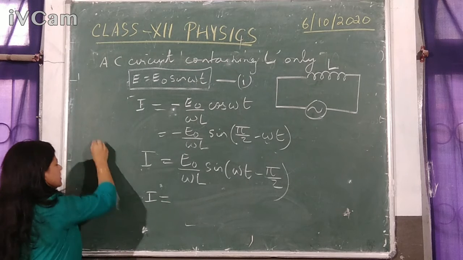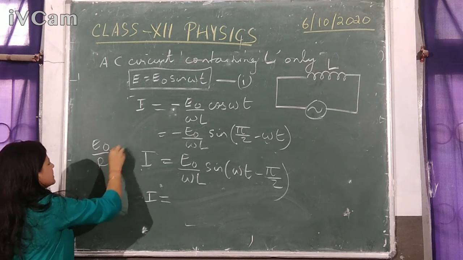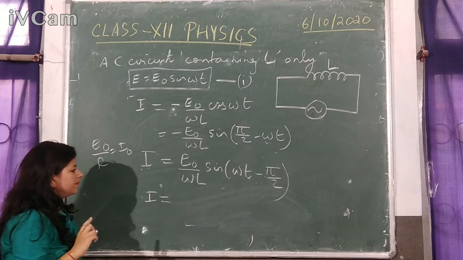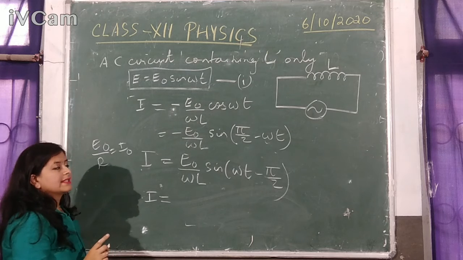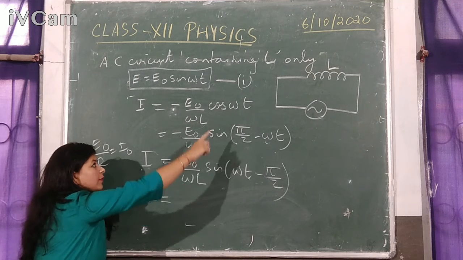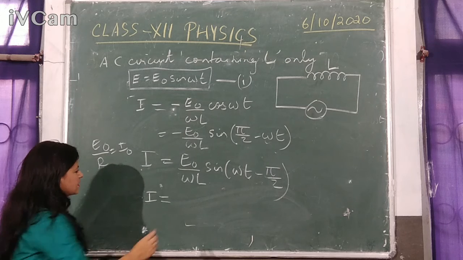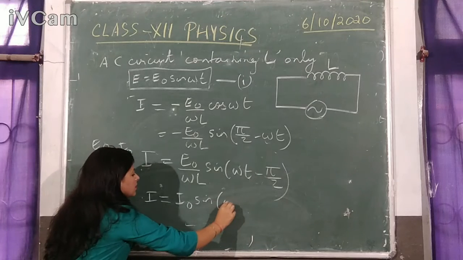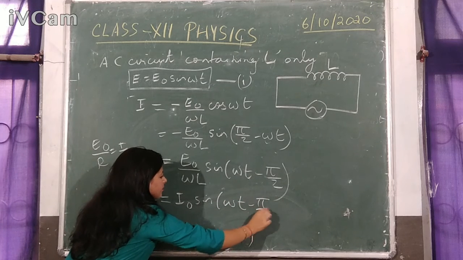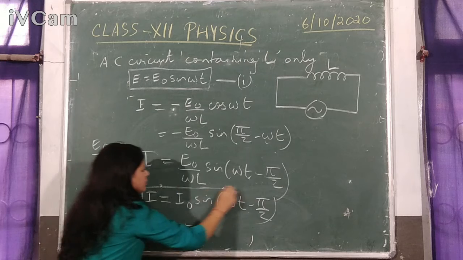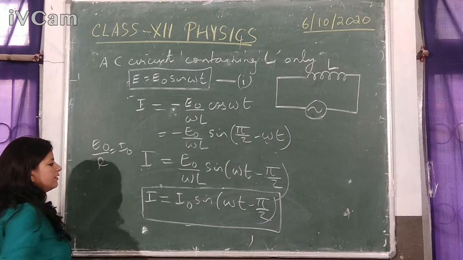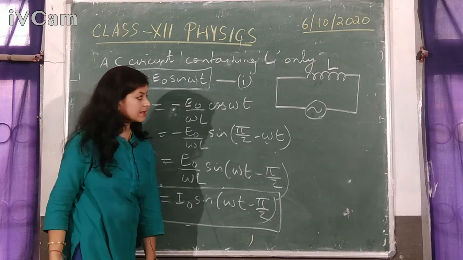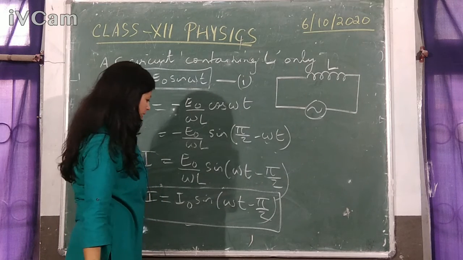Like in the previous case, where we took E naught by R as I naught, I can take this E naught by omega L as I naught, because the term equivalent to R for a resistive circuit is omega L for an inductive circuit. So this can be written as I naught sine of omega t minus pi by 2. This is the equation of current for a circuit in which we have connected an inductor to a source of alternating current.